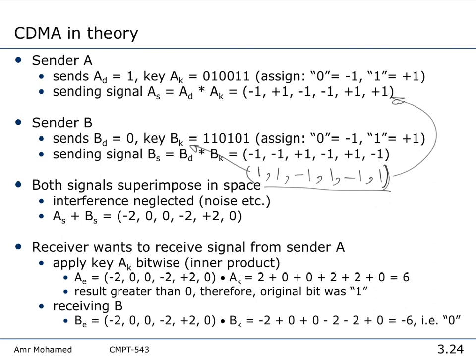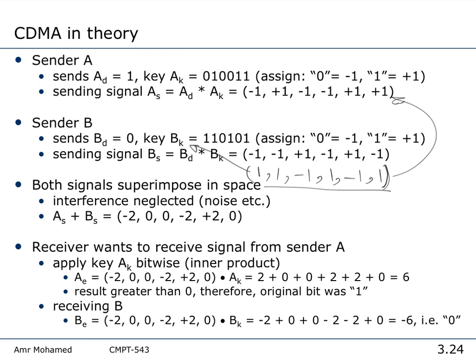So -1 times -2 is 2, and then 1 times 0 is 0, and then -1 times 0 is 0, and then -1 times -2 is 2, and so on. You sum all of this, and you get the actual data multiplied by a very high number, which is 6.